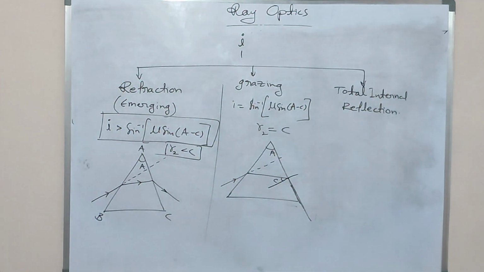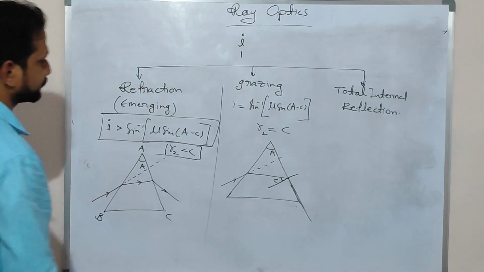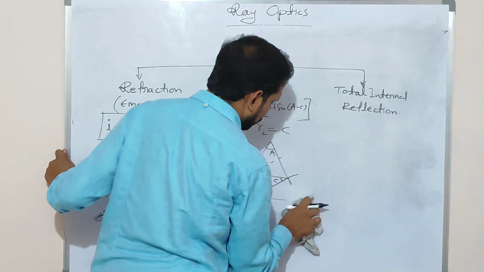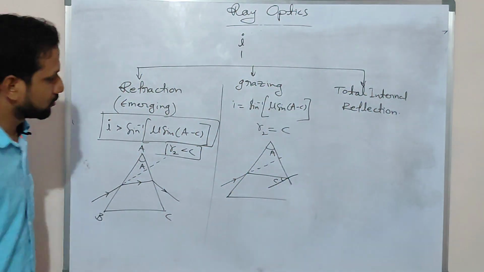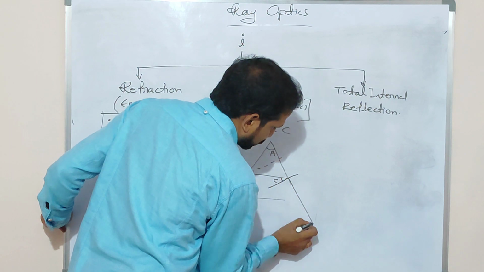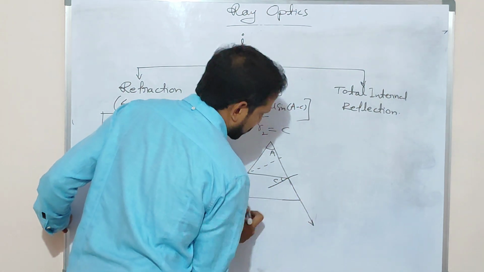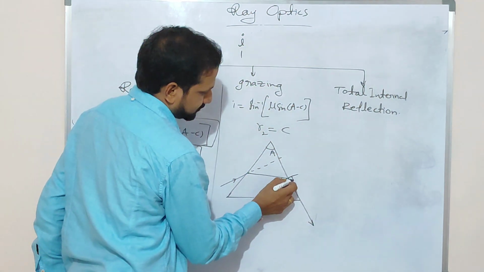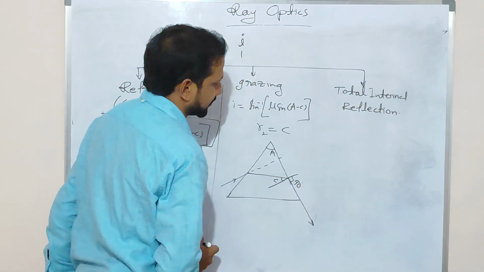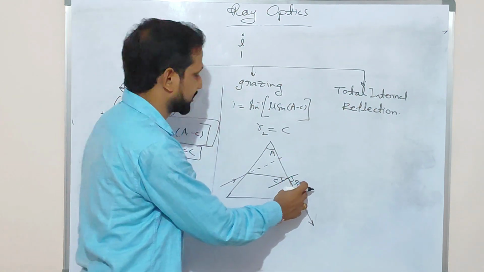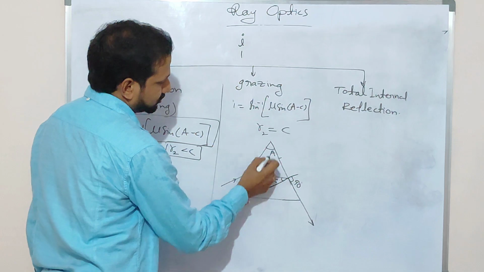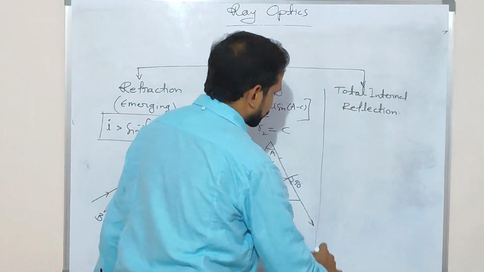Let me draw properly. So it will graze the surface, so the angle of emergence is 90 degrees, and this R2 equals C. This is case 2.